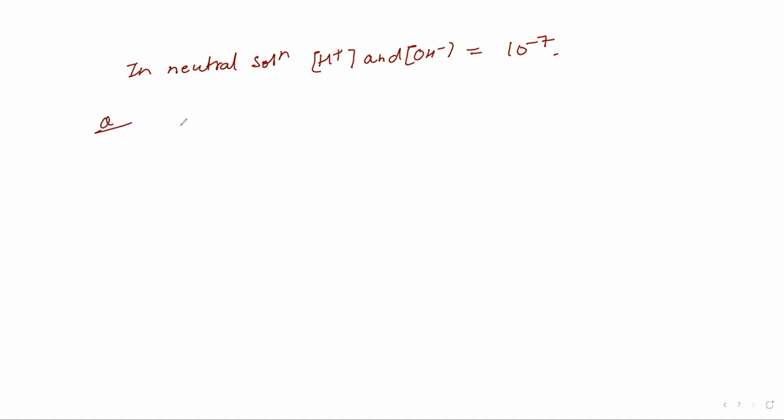So the question is, you have to predict whether the solution is acidic, basic, or neutral.